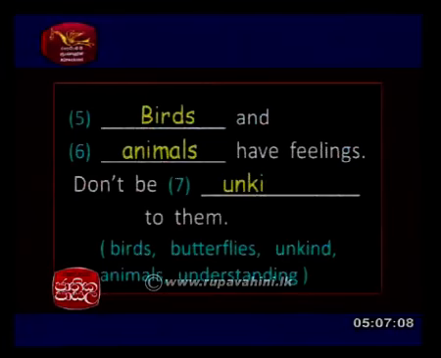Very good, very clear explanation. Now see, children, there are birds, butterflies, animals, all three which are suitable for the first two blanks. But Andrea selected birds and animals because she thought in a very clear way.